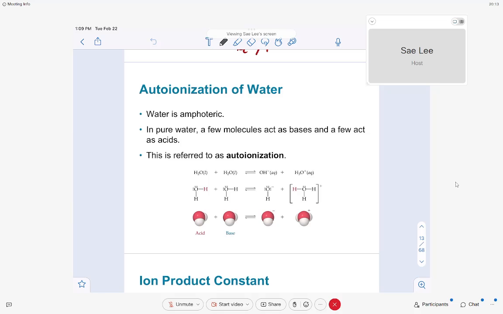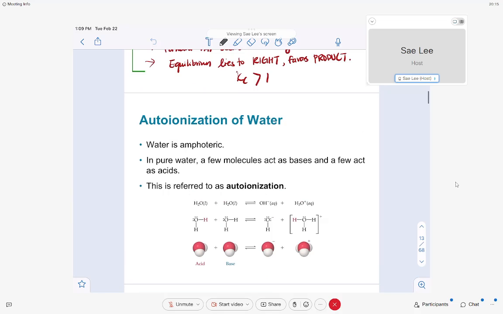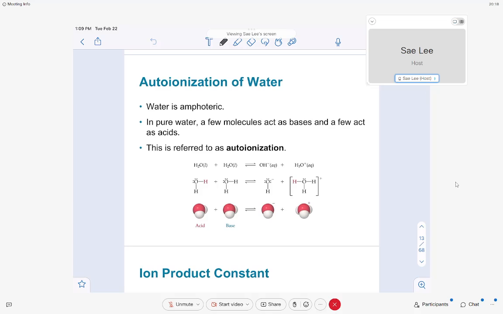All right. So let's continue chapter 16. Last week, we learned about basic concepts of acids, bases, conjugate bases, relative strength of acid, and we've also learned about how some compounds can be amphiprotic.